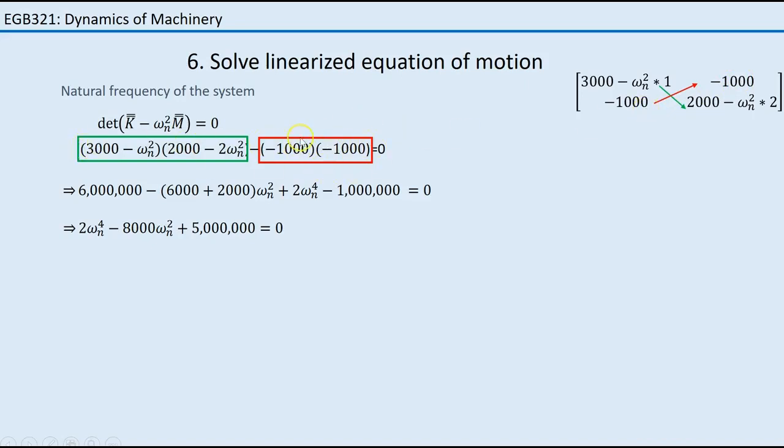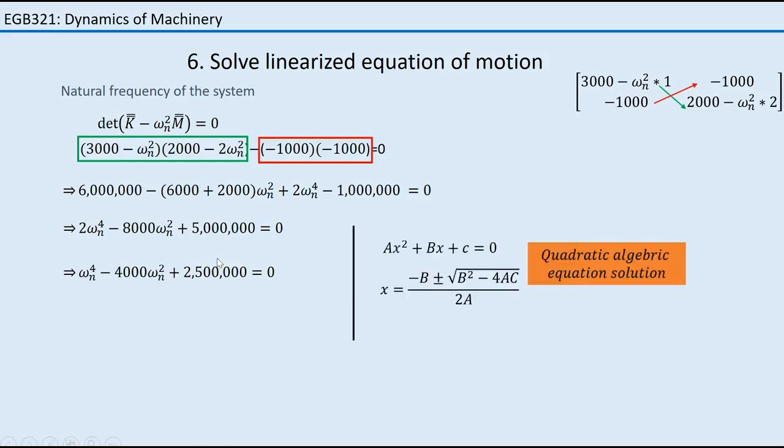Once we multiply and rearrange, we get a quadratic algebraic equation. We know the solution, which is x equals negative b plus or minus the square root of b square minus 4ac, divided by 2a.